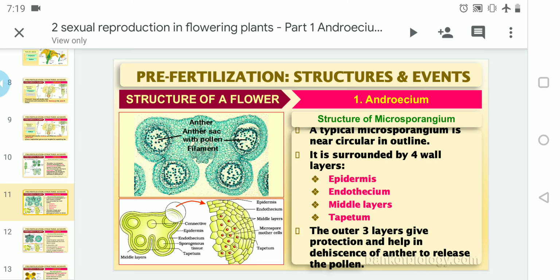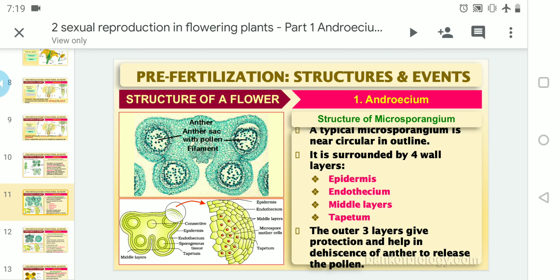If you see the structure of the microsporangium, a typical microsporangium is near circular in outline. It is surrounded by 4 wall layers.